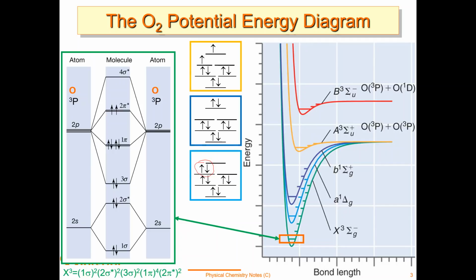So this light blue box, this electron configuration, is this particular potential energy surface. And you see it's higher in energy. And then if you moved them to the sigma antibonding orbital, it's not that much more energy to get up there, and that's this blue one, the dark blue one here. So every different electron configuration has a different potential energy surface.